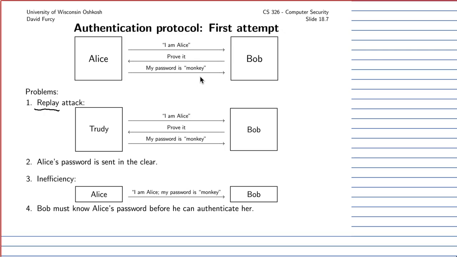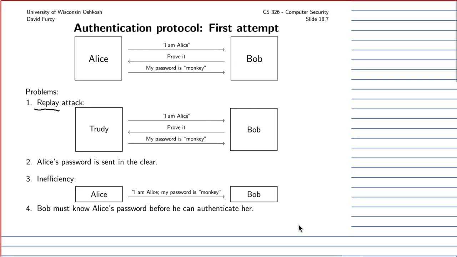So when we talk about efficiency, we mean, for example, reducing the number of messages between the two parties. Now, obviously, this is not a security concern, so this is not something that's going to be of the utmost importance for us. But we should still keep in mind that we should try to minimize the number of messages that are sent back and forth.